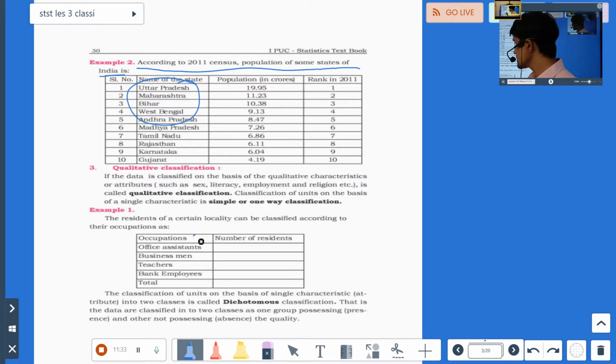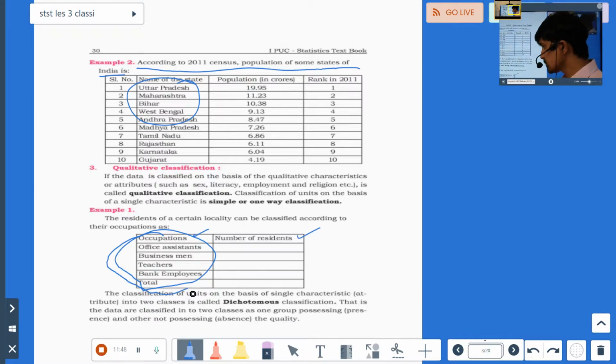There you can see their occupation and the number of residents according to their occupation: office assistants, businessmen, teachers, bank employees, like this. These are classified.